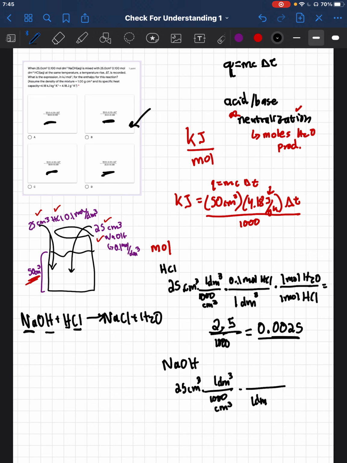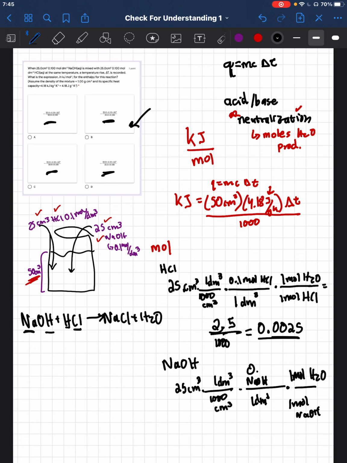Times 1 decimeter cubed NaOH, trying to figure out theoretical yields of water. NaOH, 1 mole H2O. I know I'm working through this really quickly. That's because I'm assuming that you're feeling good on the stoichiometry unit. If you have questions on stoichiometry, you need to be emailing me, coming to office hours, getting those cleared up as soon as you can.